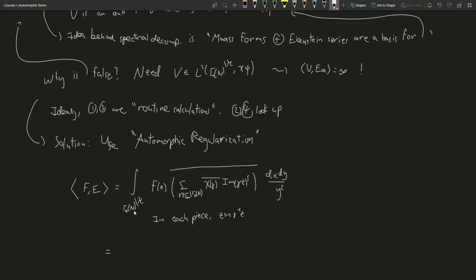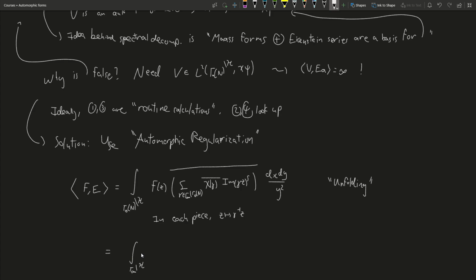And essentially what happens is you end up unfolding the fundamental domain, meaning if you think about the usual fundamental domain, and then for each piece you're making this change of variables, you end up tiling this strip of the upper half plane mod gamma infinity, right?